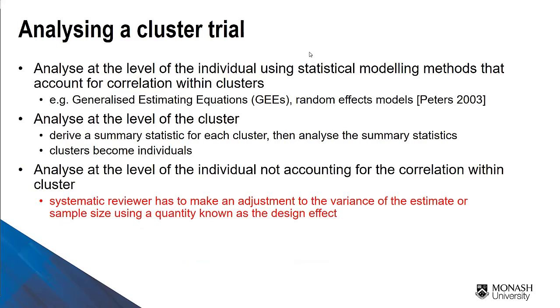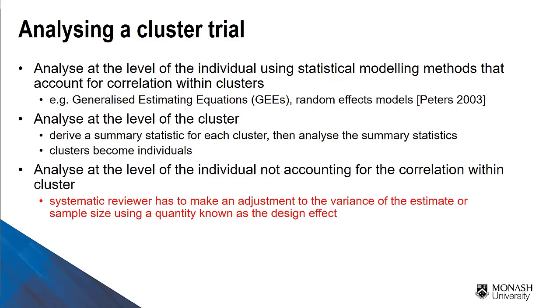So if you were undertaking a trial, there are different options for what the analysis method might be. We can analyze at the level of the individual using statistical modeling methods that will account for this correlation, such as generalized estimating equations or random effects models. We could also analyze at the level of a cluster.